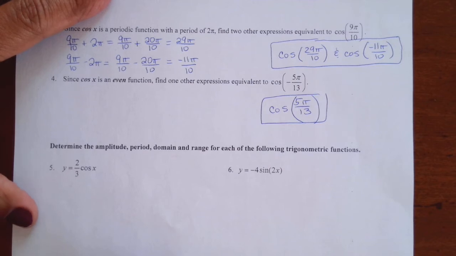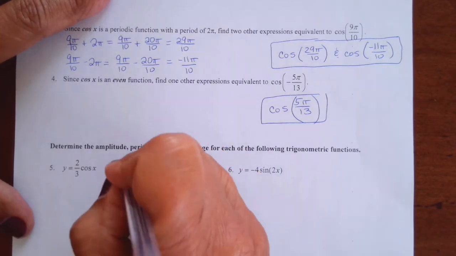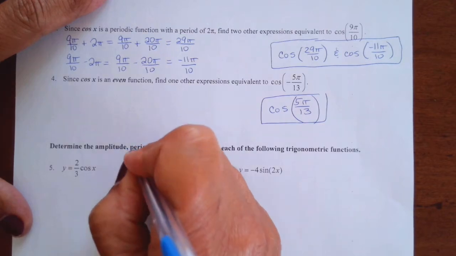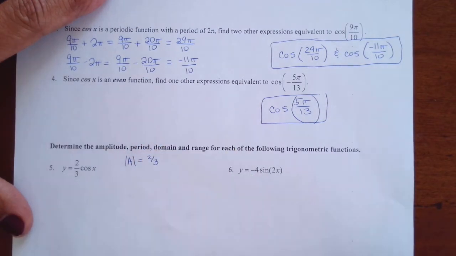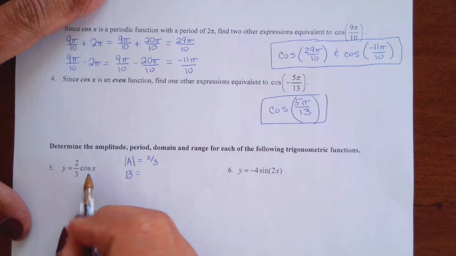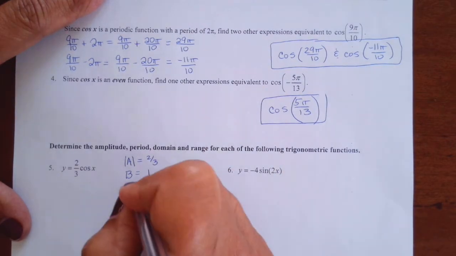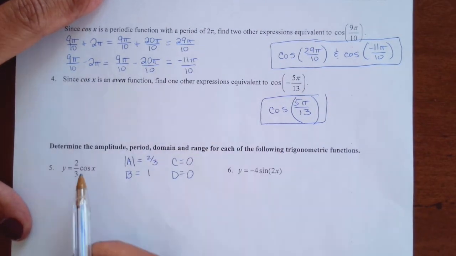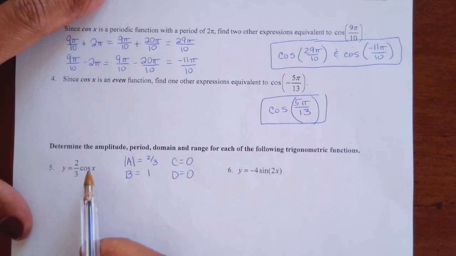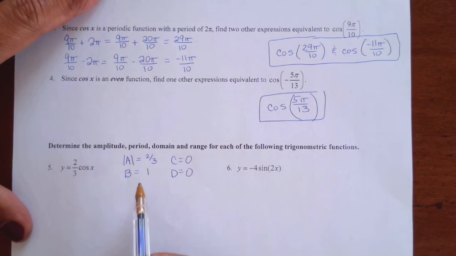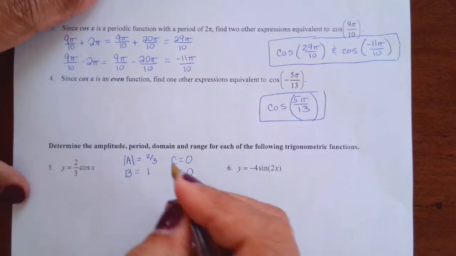Okay? All right, so in this problem, A, the amplitude, absolute value, would be 2/3. Okay? B, the number in front of x is 1. C and D are both 0 in this problem. If there's nothing there, that's 0. But if there's nothing in front of x, that's understood to be 1. All right, so the amplitude.